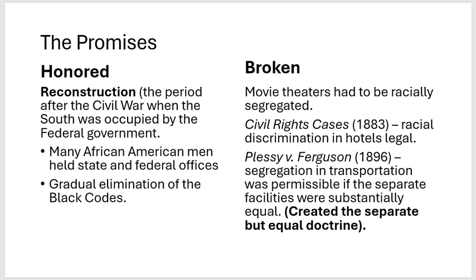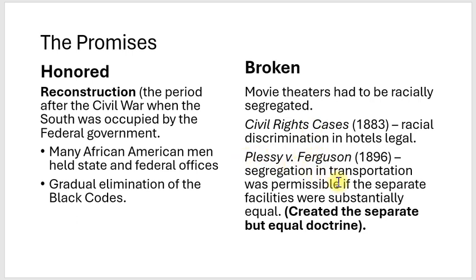So many African American men actually stayed in federal offices because the North is in there making sure that they have the right to vote, making sure the South is not discriminating against them. There was the Black Caucus within Congress, and there was the gradual elimination of black codes, meaning laws specifically designed to discriminate against blacks. But then something happened, and that was Plessy versus Ferguson.